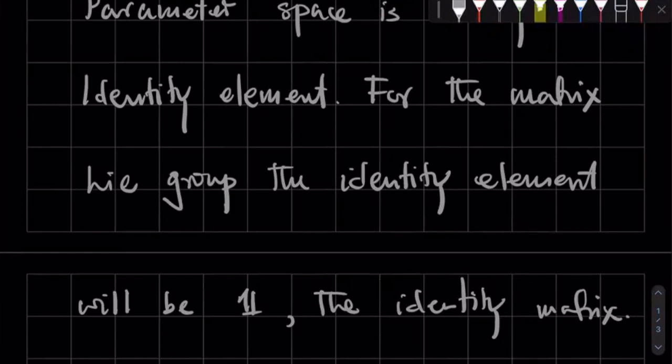And the unique matrix which leaves all the elements the same under multiplication is the identity matrix.